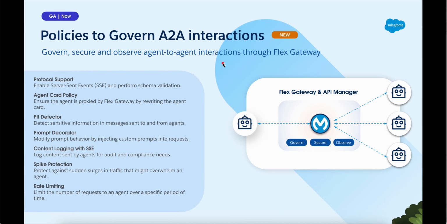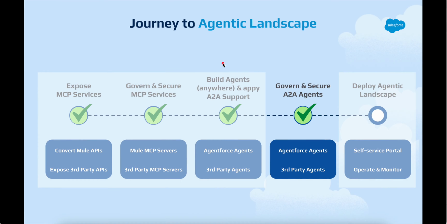This is what you can fully control along all the policies you have seen, not only the ones which are A2A specific, but also API management specific, like rate limiting, spike protection. These types of things you can implement easily using MuleSoft. And with that, you have governed and secured your A2A agents.